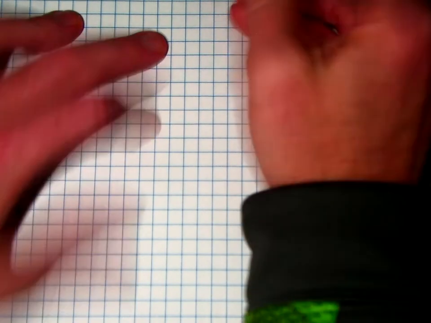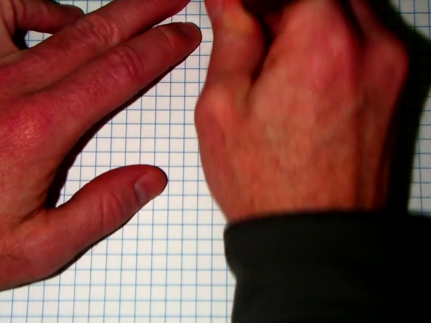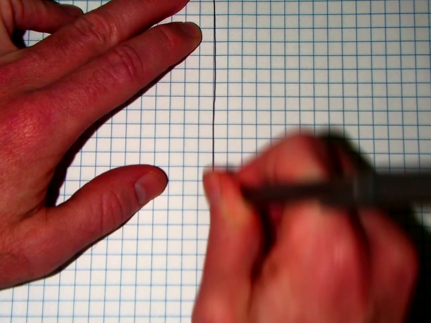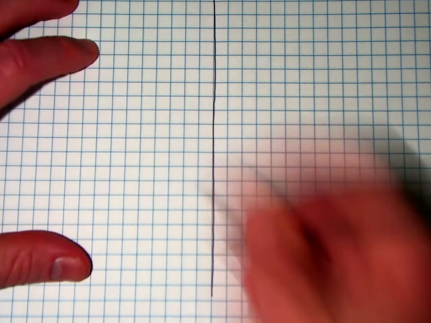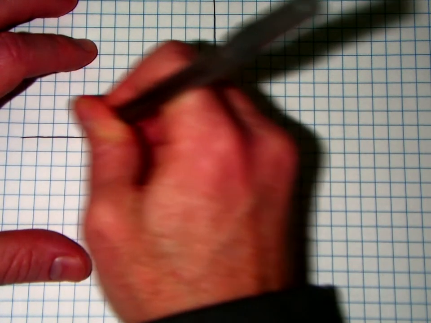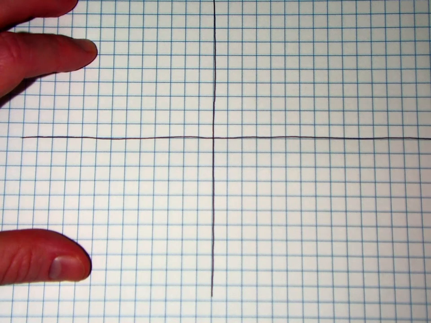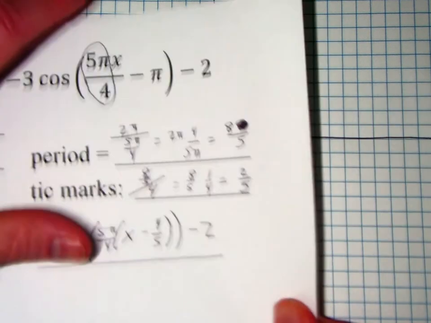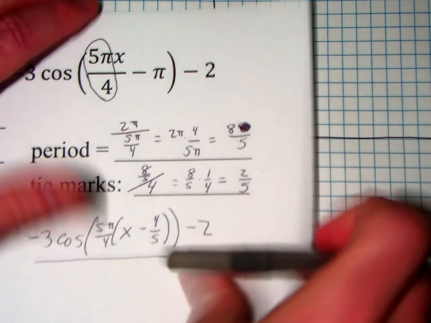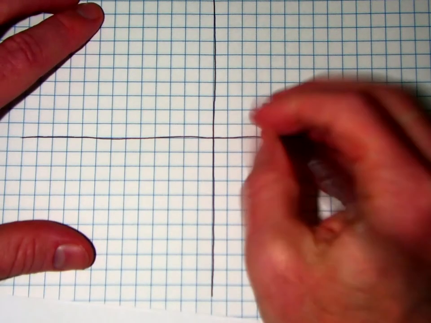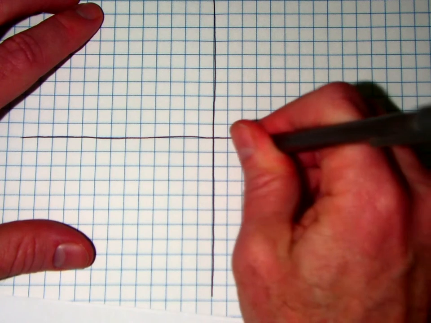So now it's time to do our x and y axis. And remember, this is kind of a strange one, 2 over 5. So I'm going to skip a line like I always do, 2/5.